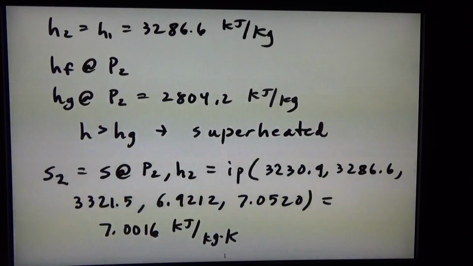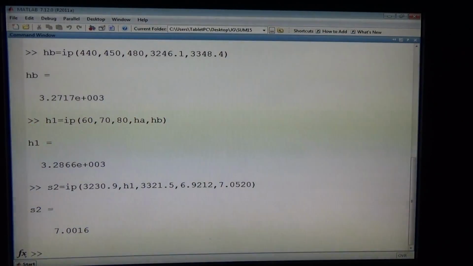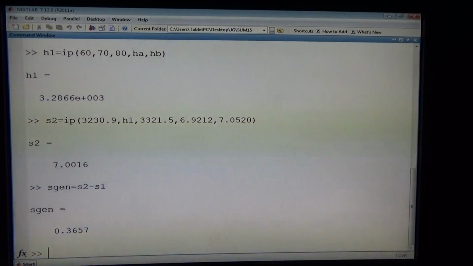Now we're ready to finish the problem. We found that Sgen was S2 minus S1. So our entropy generated per unit mass is S2 minus S1, 0.366.